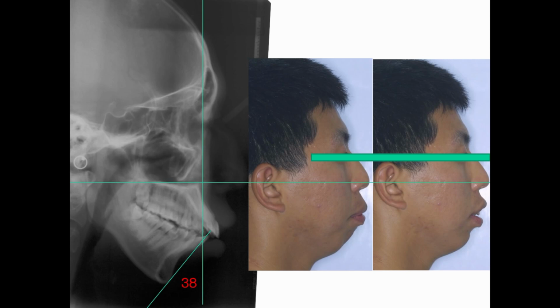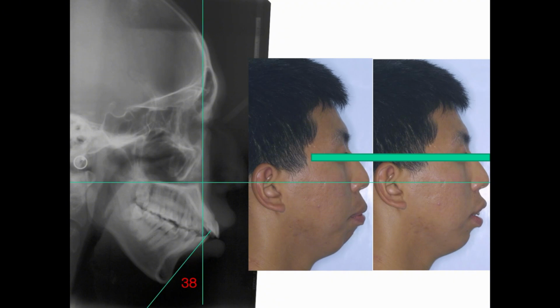The basic structure is really bad, but the patient wants to improve aesthetic. So another approach, because genioplasty is hard under local anesthesia.